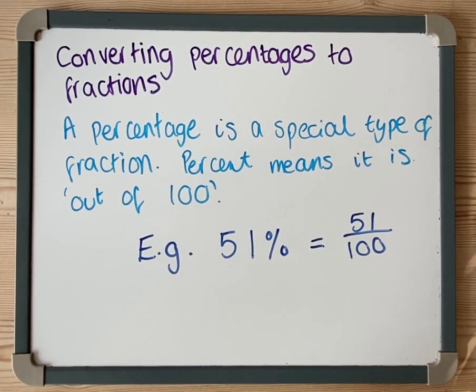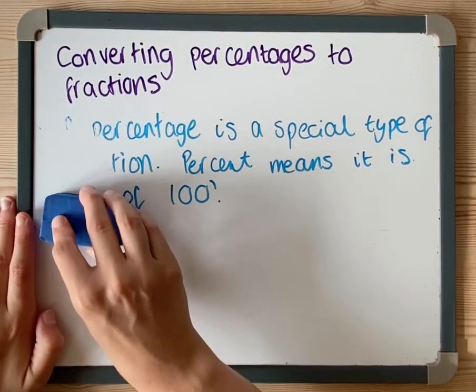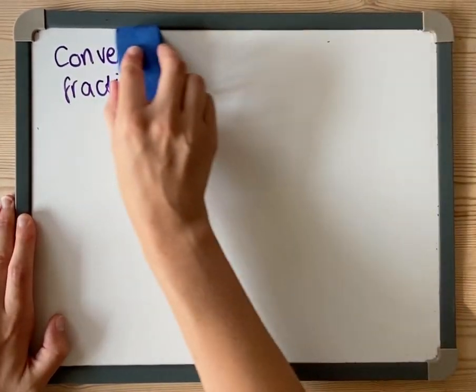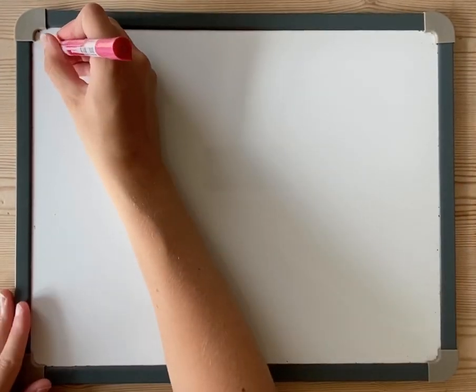And we're going to look at 4 now, different percentages, and make them into fractions. So, you're going to write all of this down. You might want to use a whole page, give yourself lots of space. I'm going to use my whole whiteboard. So what we're going to do, we're going to write the question first.